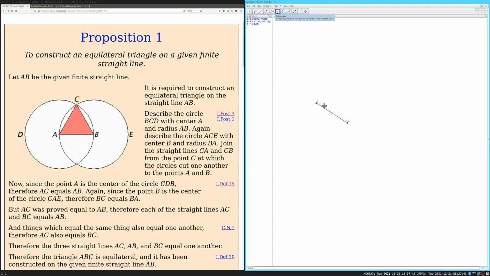What I can do is pick 2 points, and it will make a circle where this is the radius. Let me hit escape. If I have a new point over here, I can take this compass, make a compass, and then put it over here.